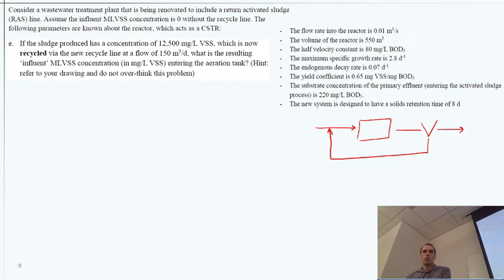And I'm going to jot down a couple of the equations that we just talked about recently. So that would be theta C equals Vx over Q, QW's XW. This one was S naught.